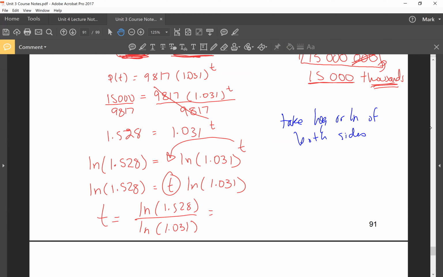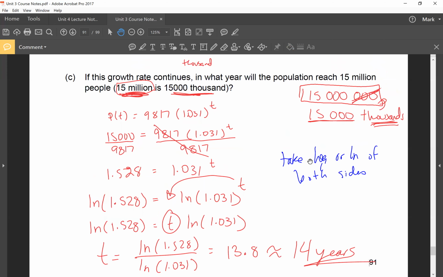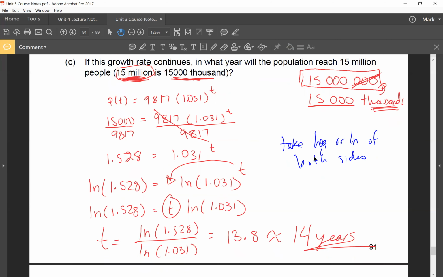Okay, so I get 13.8. So you could say 14 years. Done. So what does it say? If the growth rate continues, in what year will the population reach this number? 14 years, or 2015.